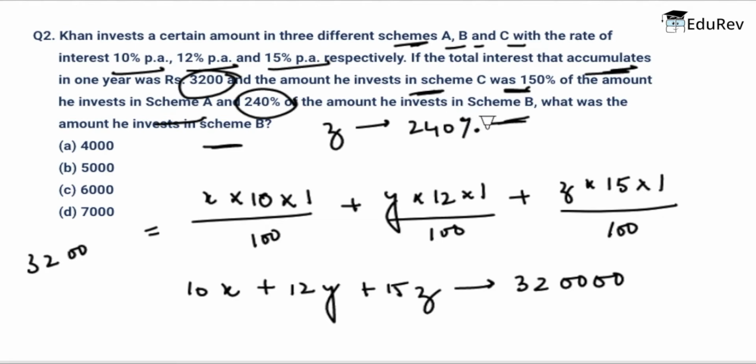Now z is actually 240% of y, so this is going to be 12 by 5 of y.